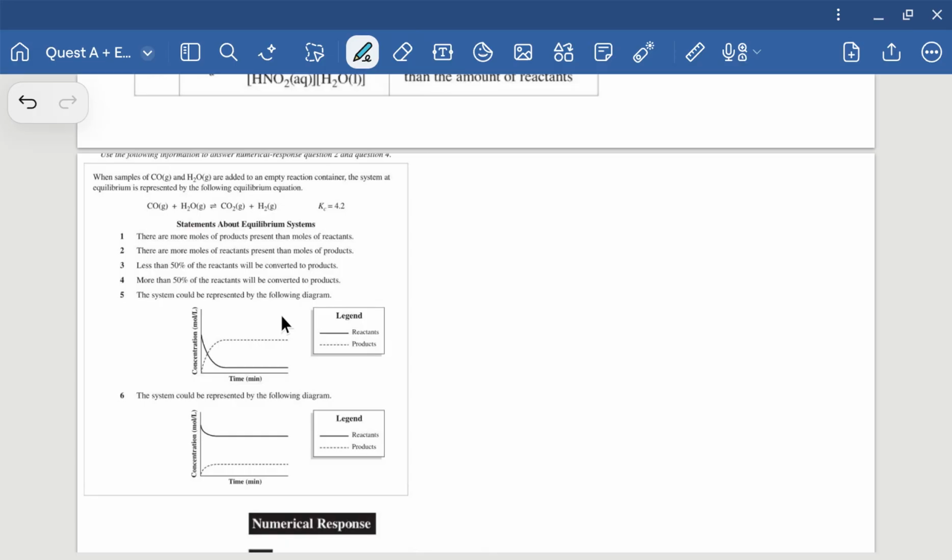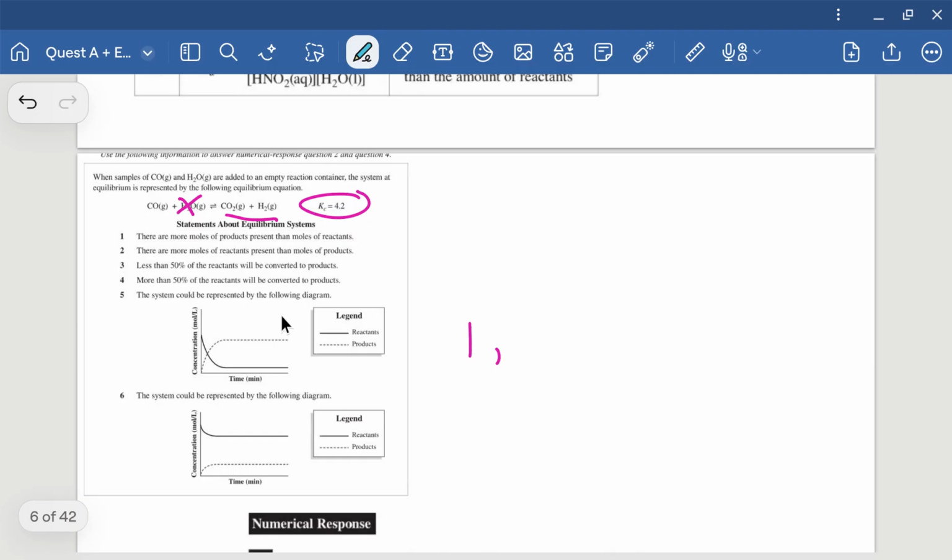Because we are not going to be including water, we do have more moles of products than moles of reactants. So number 1 is going to be true. And then based on the Kc expression, you have more products than you do reactants.